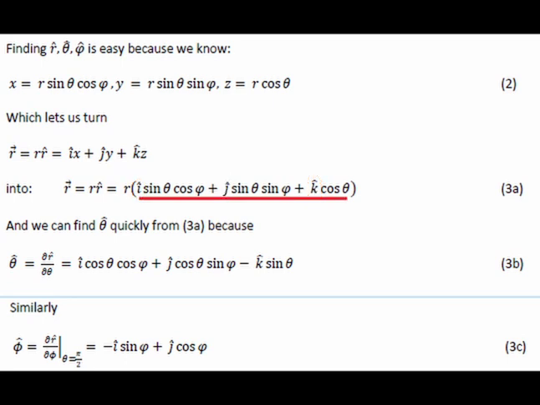However, the unit vectors, as expressed in Cartesian coordinates, namely the ones that we use in spherical coordinates, are easy to find. The radius vector itself simply is a product of the magnitude of the vector and a unit vector.